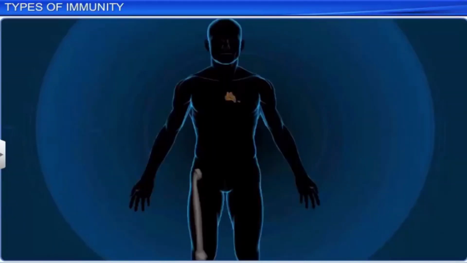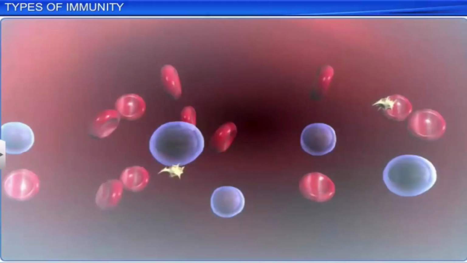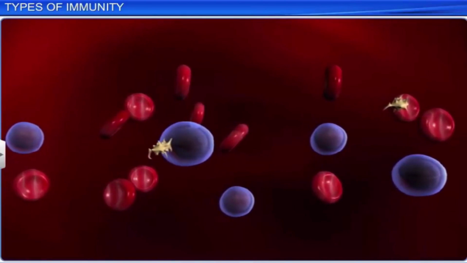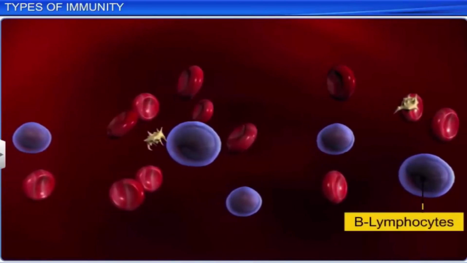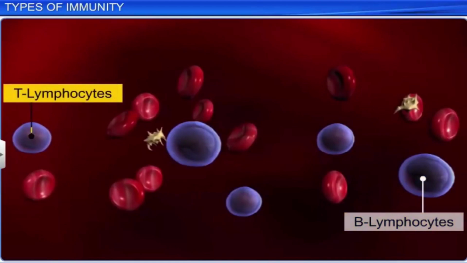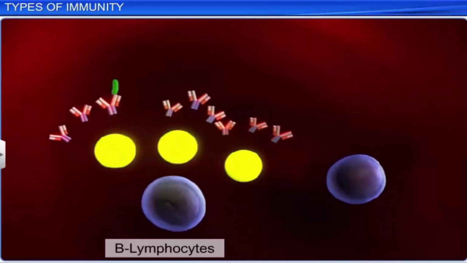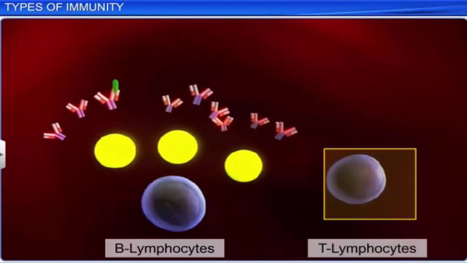Both primary and secondary immune responses are made possible by 2 special lymphocytes in our blood: B lymphocytes and T lymphocytes respectively. B lymphocytes produce proteins to fight pathogens, whereas T lymphocytes help B cells to perform this task. The protective proteins produced by B cells are called antibodies.